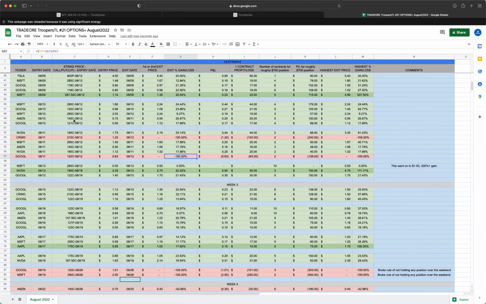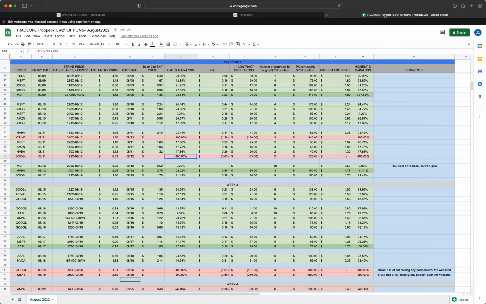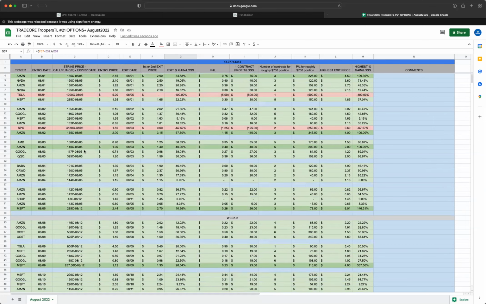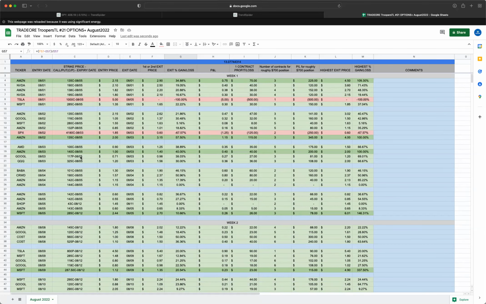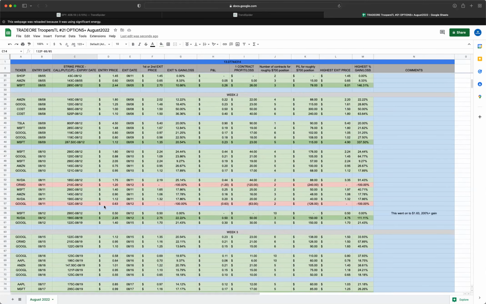As you can see, because we were moving sideways and then started moving up, most of our trades were calls. Week 2, even week 1, most of the trades, if not all, with exceptions here and here, were calls because that was the direction of the trend.